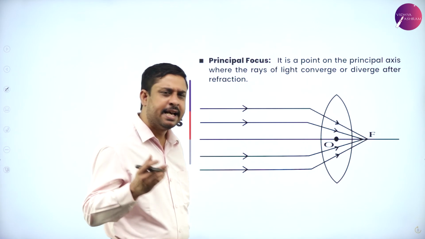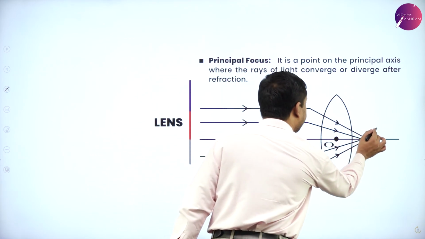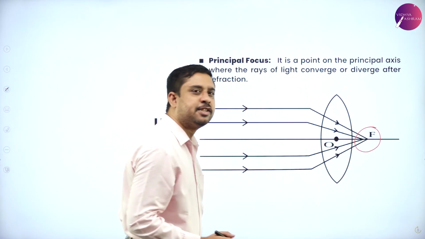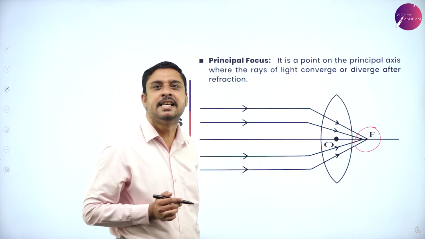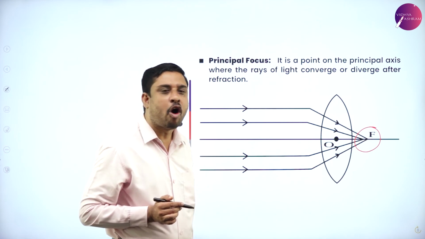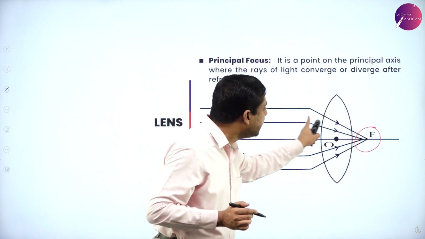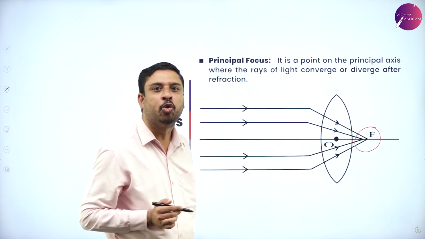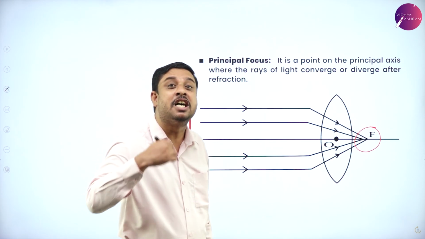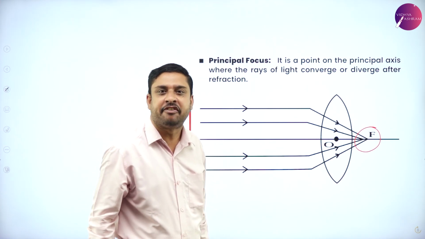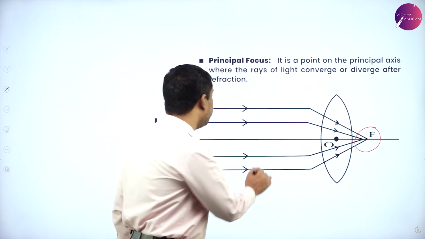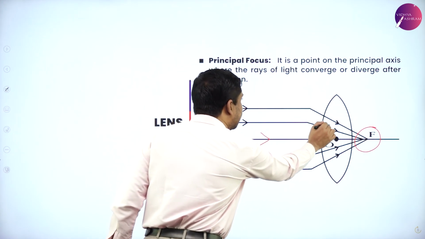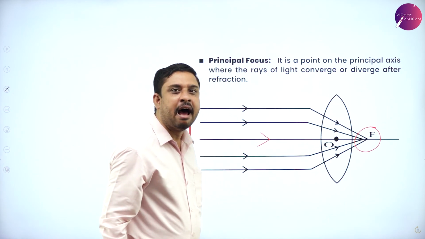Principal focus, simple in meaning. It is a point on the principal axis where the ray of light either converges to or diverges from after refraction. You can clearly see here a parallel beam of light incident on the lens.